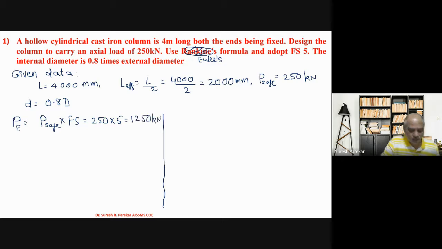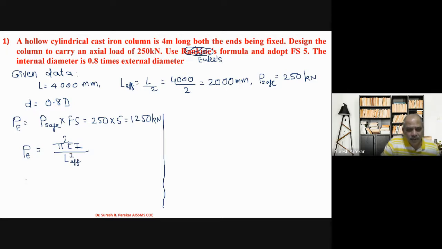1250 kilonewtons. Then we will use the formula P equal to PE equal to pi square EI divided by L effective square.